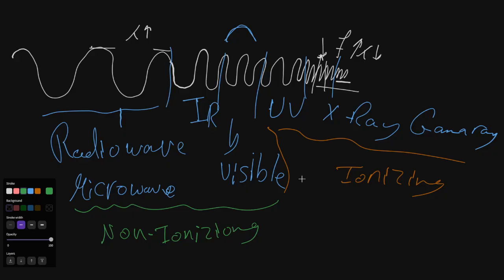The ionizing particles do hit our molecules, like say that these are our molecules, and they cause interruptions and collisions. So these are usually bad for us as humans. Ultraviolet, the one that comes from the sun, is bad for our skin at least. Then comes the X-ray, the one that we use for our bones.